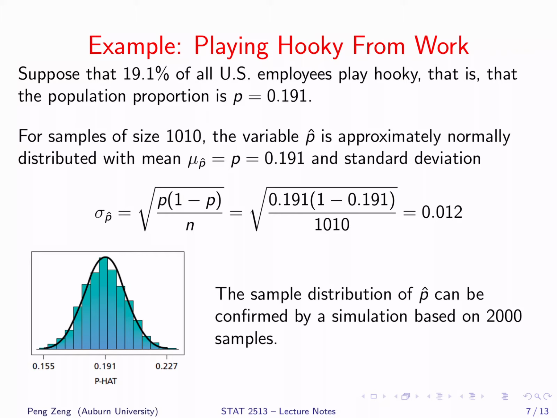For samples of size 1,010, the sample proportion p hat is approximately normally distributed. The mean is exactly the population proportion 0.191. We can calculate its standard deviation. Replace p in the formula by 0.191. We get 0.012, which is the standard deviation of the sample proportion.